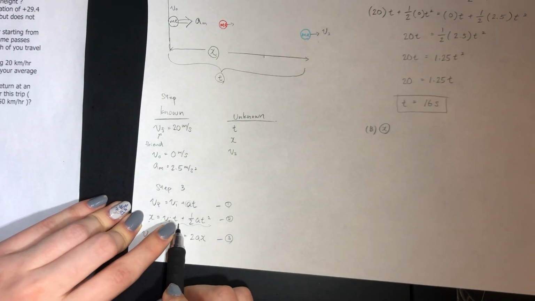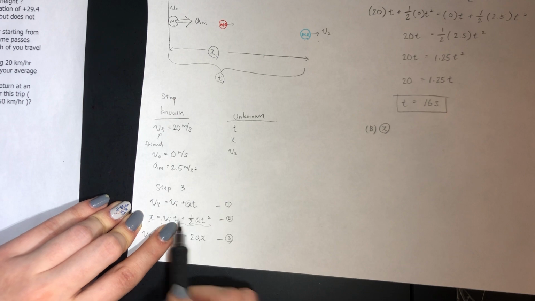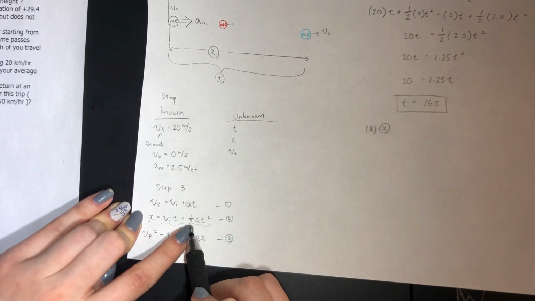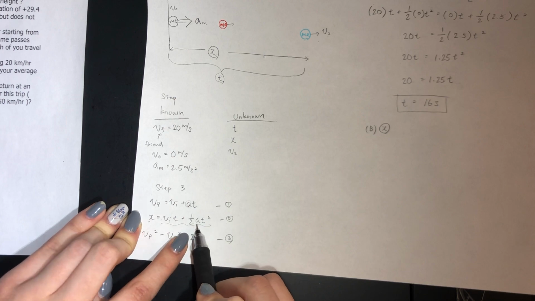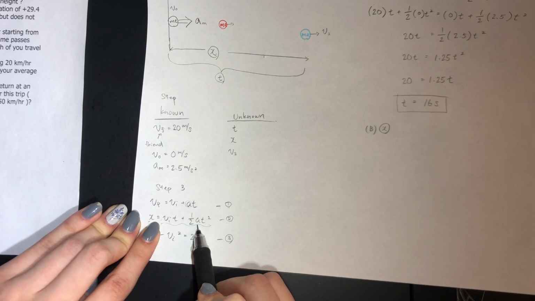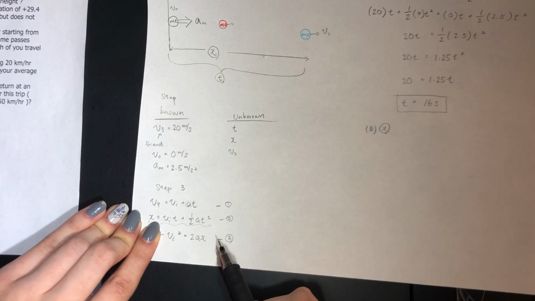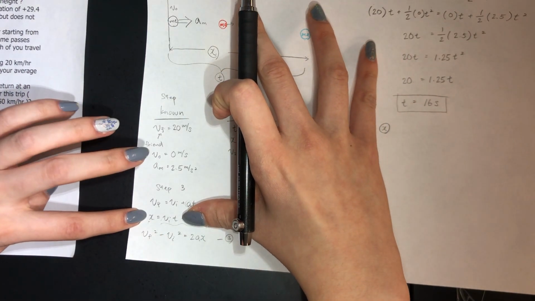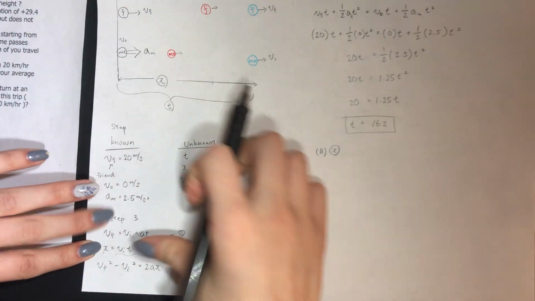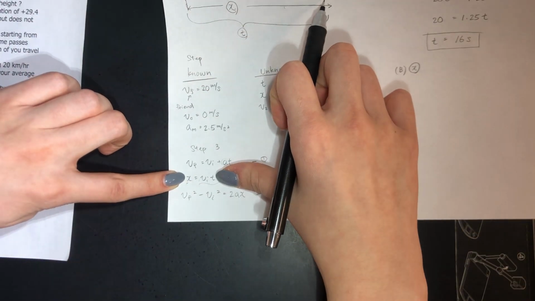We do know that. We do know the time, right? We just solved for that. And half of acceleration times time squared. They're not accelerating, but we can use this equation, right? Because that just becomes 0, and this is our answer. I hope you guys can see where this comes from.